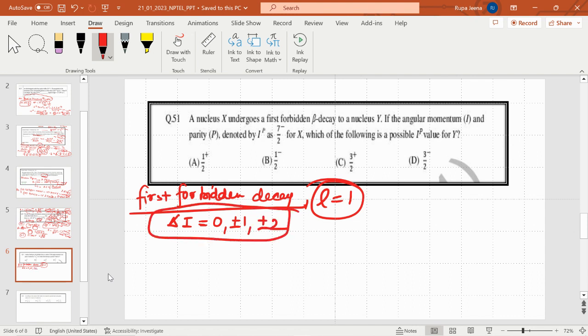These values, because S is either 0 or S is equal to 1. So I have given you the hint. Please do this question. This is a very easy question.